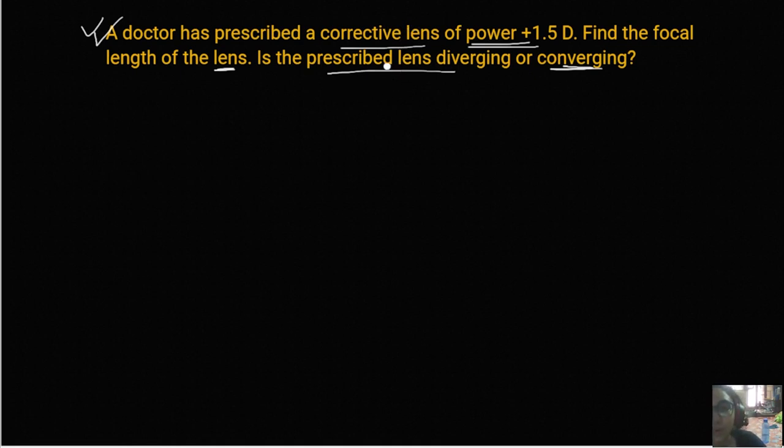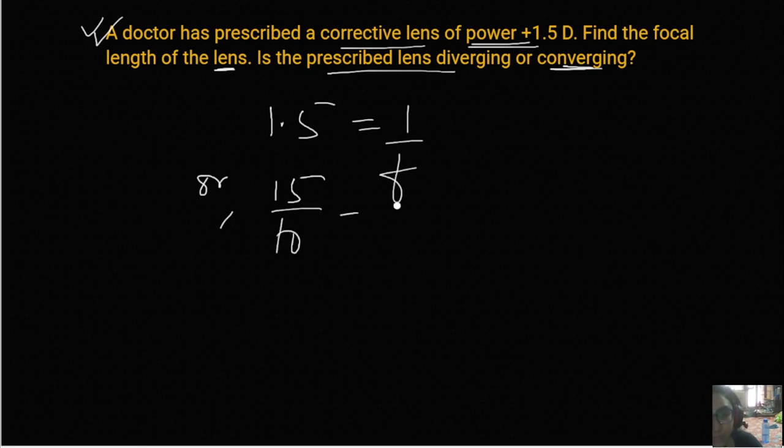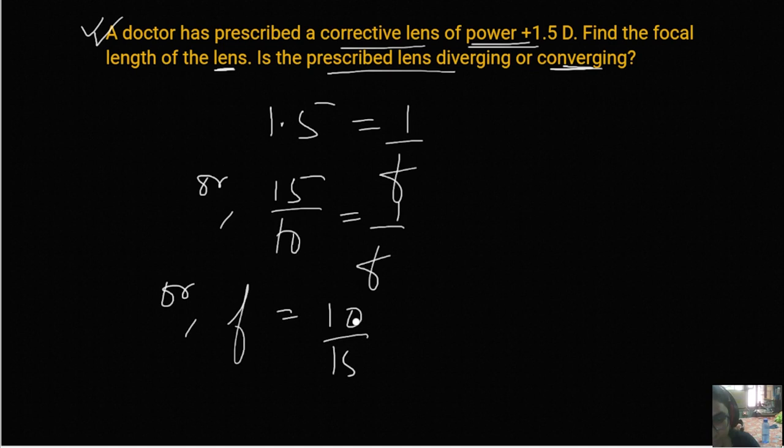Okay, so again we find the focal length. So 1.5 equals 1 by f, or 15 by 10 equals 1 by f, or f equals 10 by 15, which is 2/3, which is 0.66 centimeter.